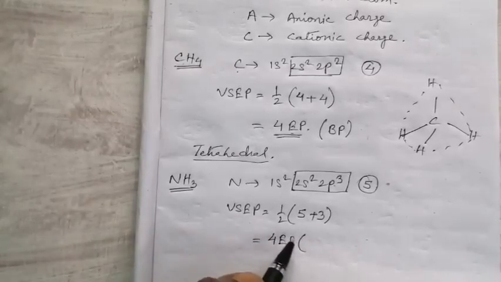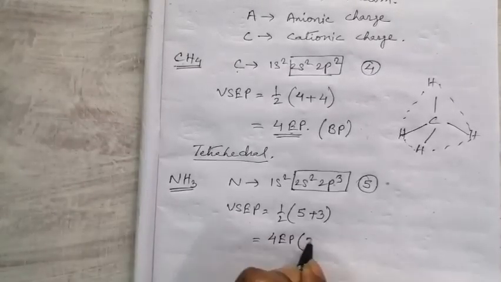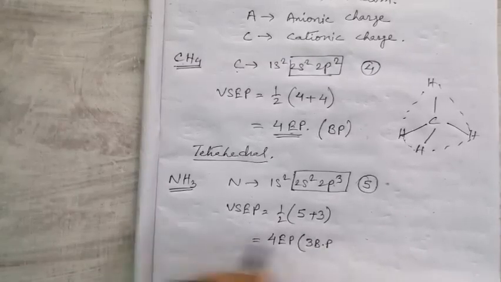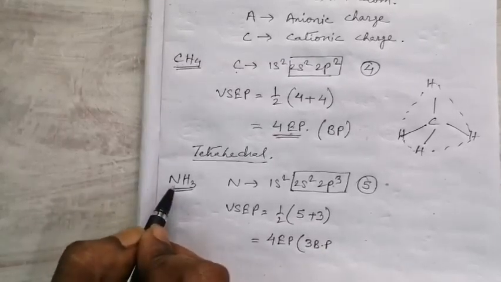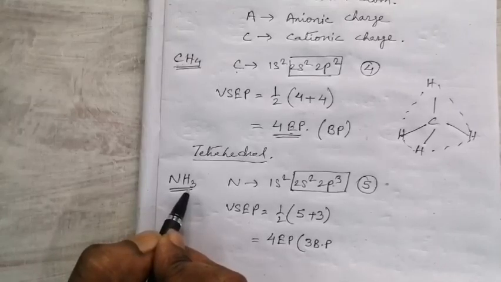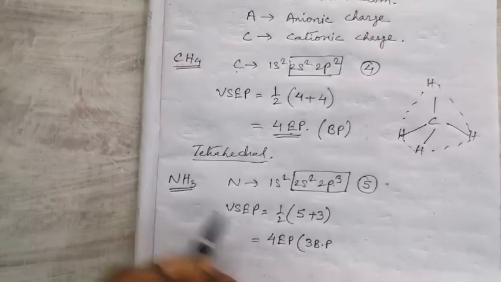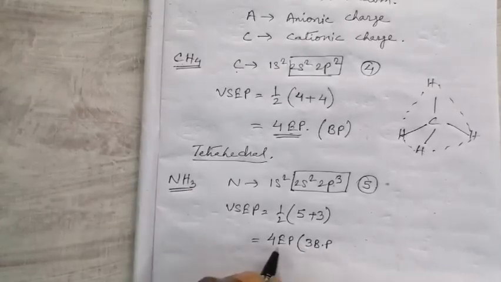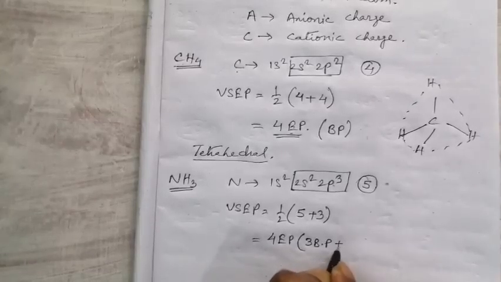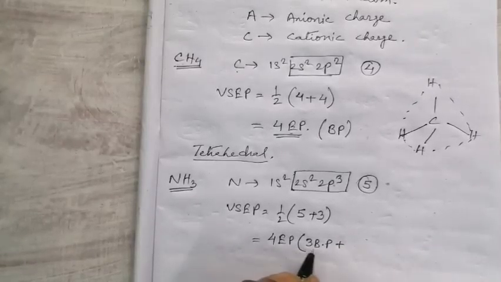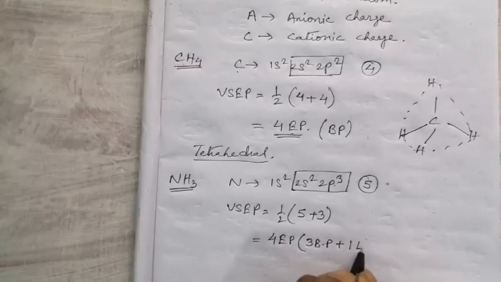Out of this 4 electron pair, 3 are bond pair, because nitrogen is forming 3 bonds with 3 hydrogen. And if 3 are bond pair, then the remaining are lone pair. Out of 4, 3 bond pair, so 1 is lone pair.